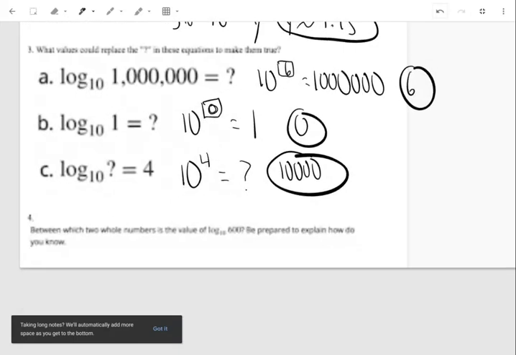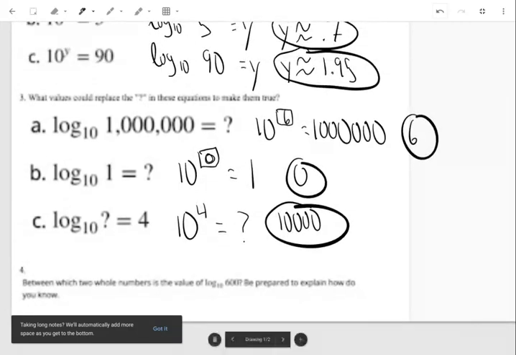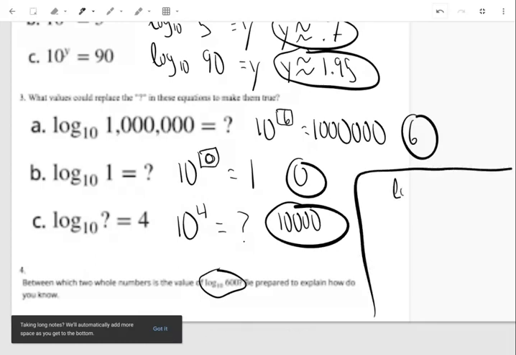All right. And then let's finish this off. Between which two whole numbers is the value log base 10 of 600? Okay. So this one I'm going to do up here. Log base 10 of 600. Between which two whole numbers?